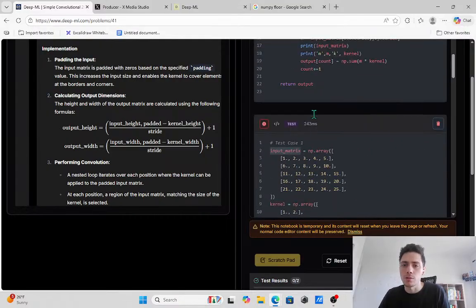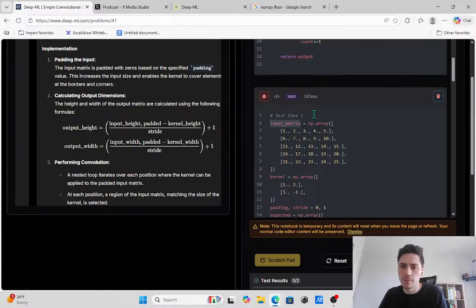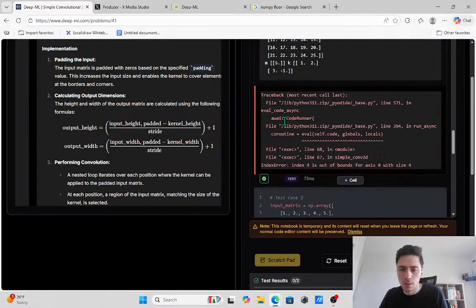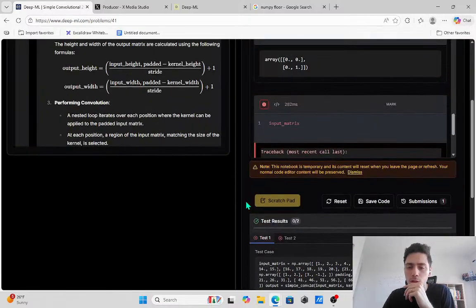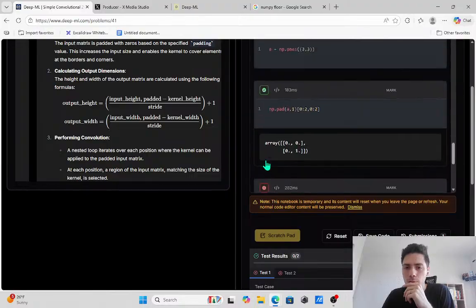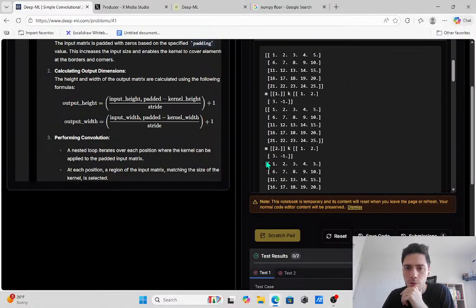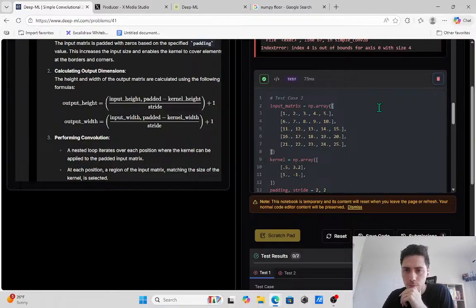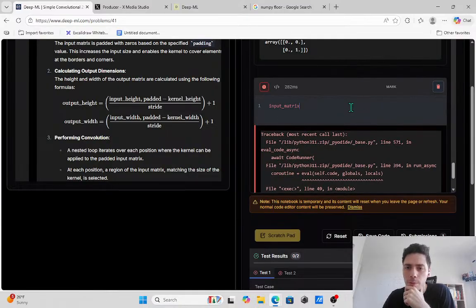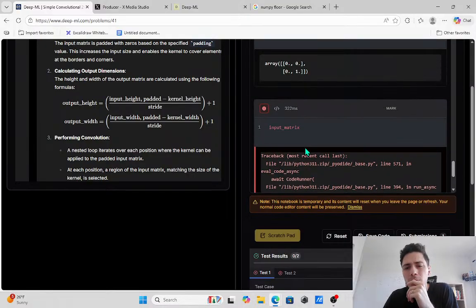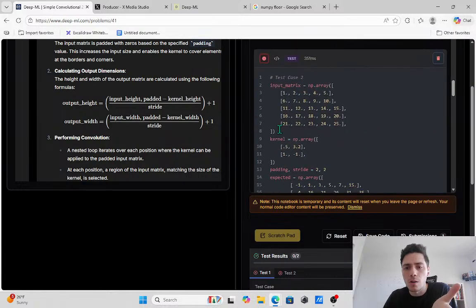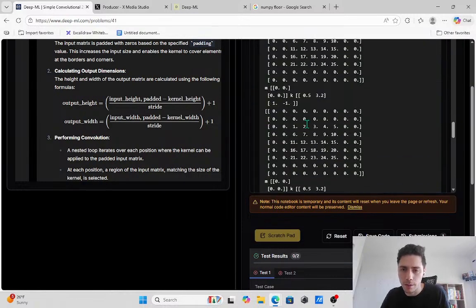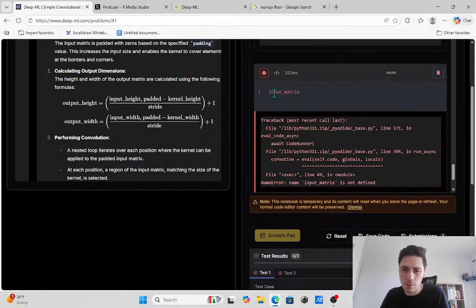Let's take input matrix. Let's take, fine, do this input matrix. Not defined. We definitely need to work on... oh, that might be an issue. But it is defined. Oh, is it not storing it unless the full cell passes? Which is okay.